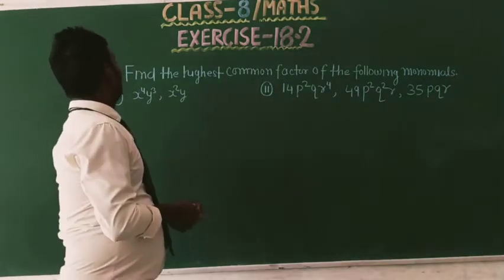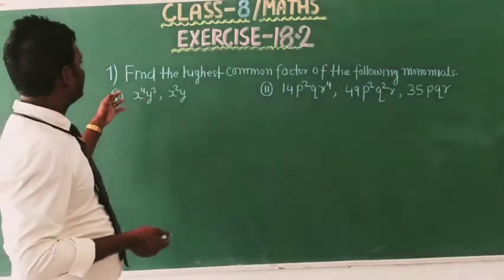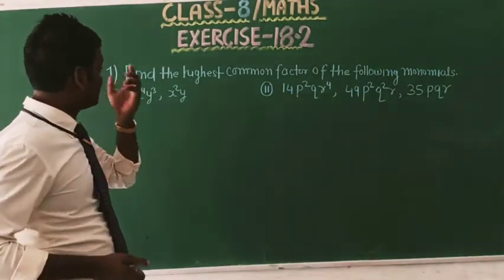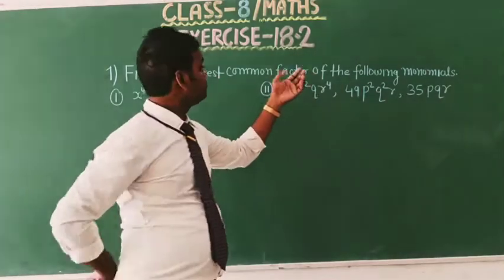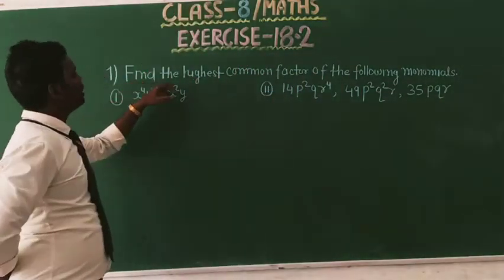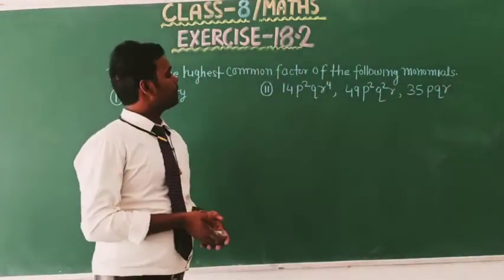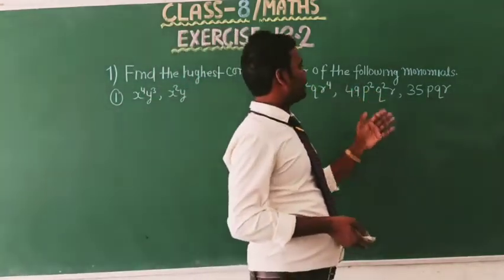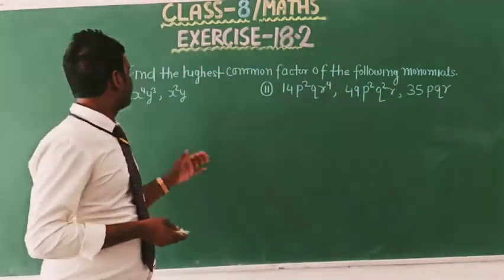So this is question number first of exercise 18.2. Find the highest common factors of the following monomials.